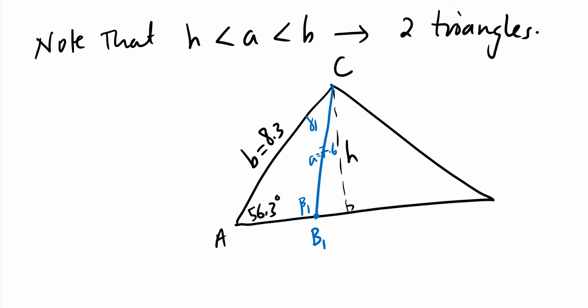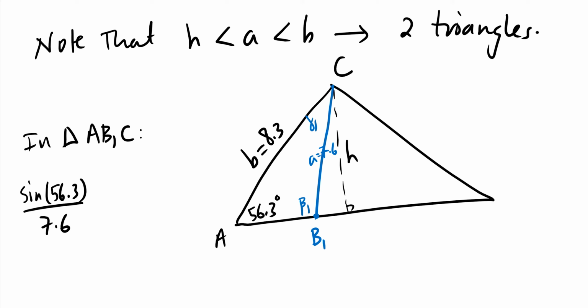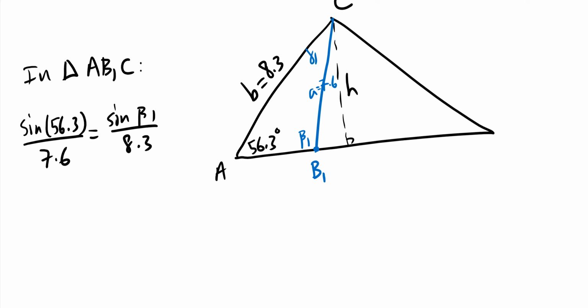So first I start working in this triangle. So in triangle A, B1, C, what do we have? We need to find beta. So what do we do? Sine 56.3 over 7.6 equals sine beta 1 over 8.3.